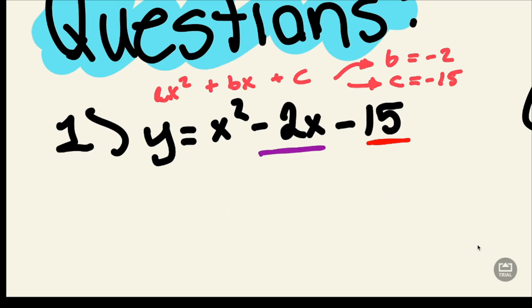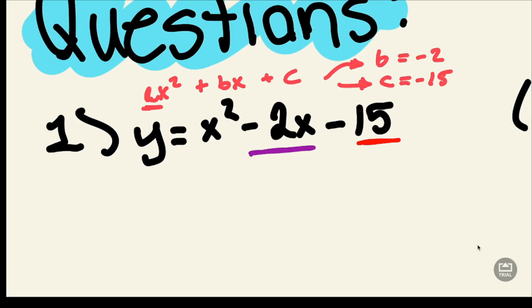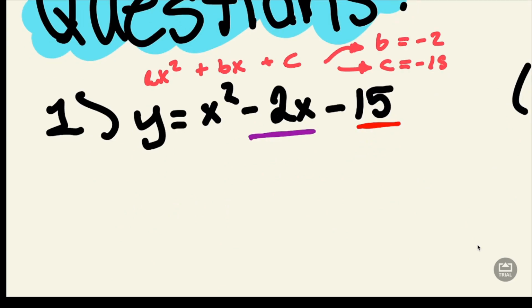And your a value will equal 1, because you're only left with x squared. So you're given the b and c values, and that's what we have so far.